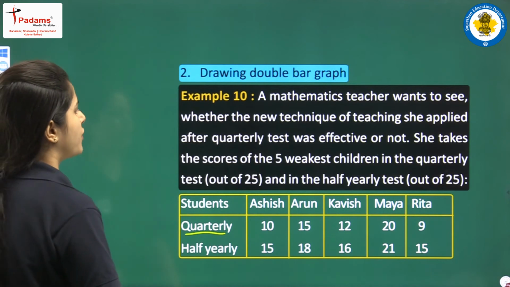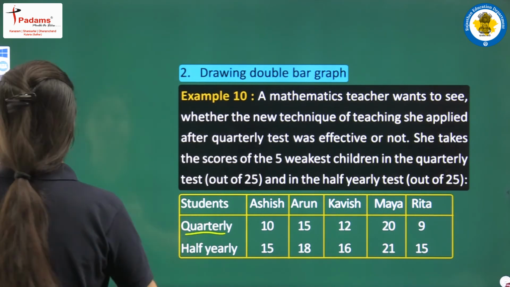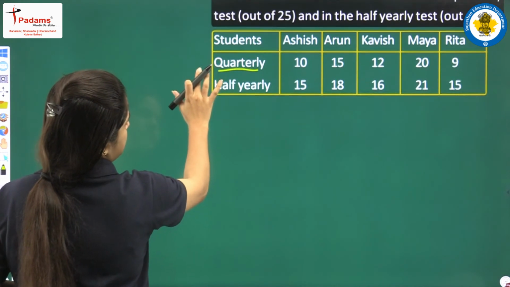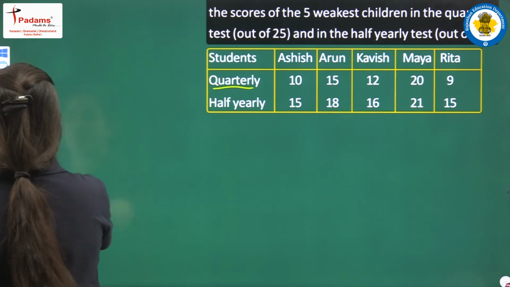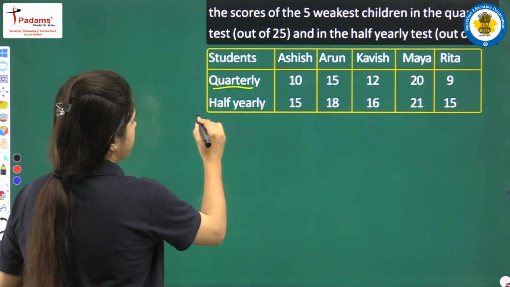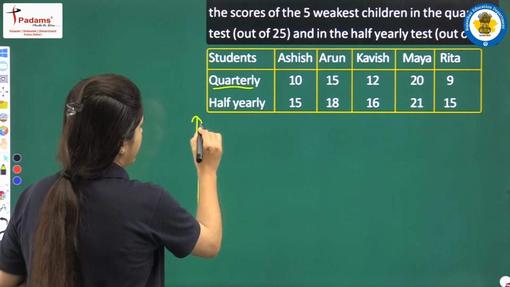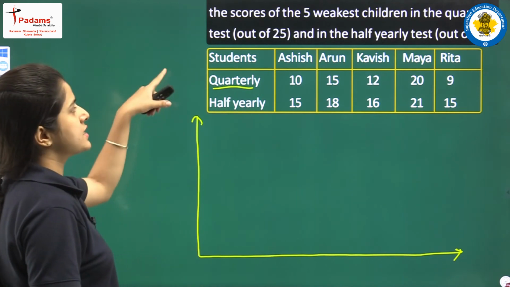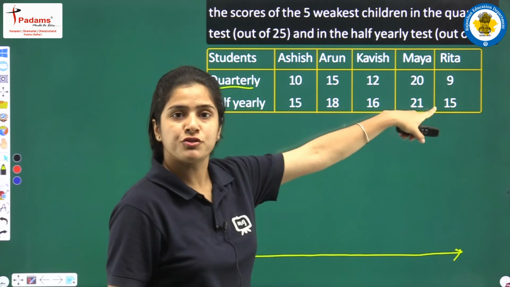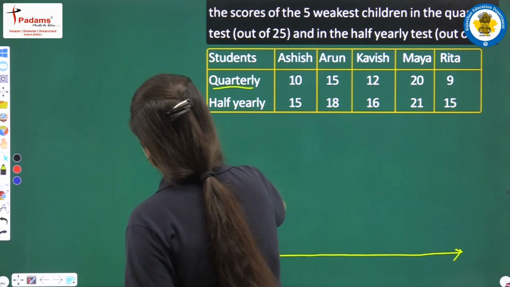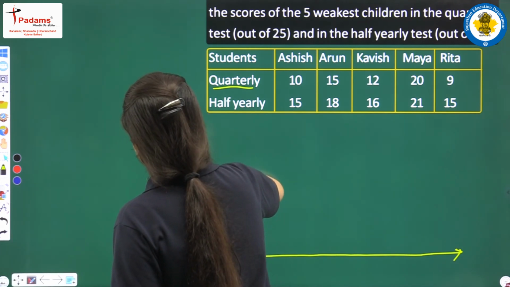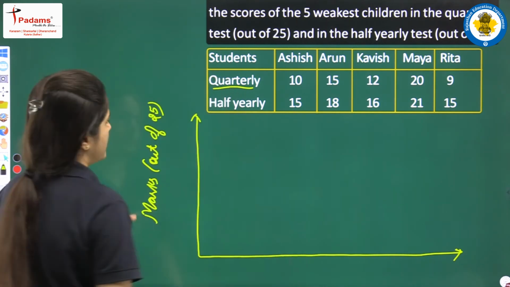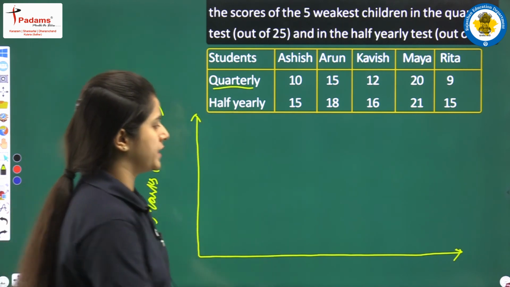Firstly we'll make a bar graph here. We'll need just the table only. Here we are taking the marks out of 25, and here we are taking the students.